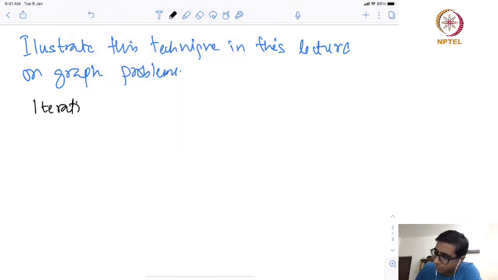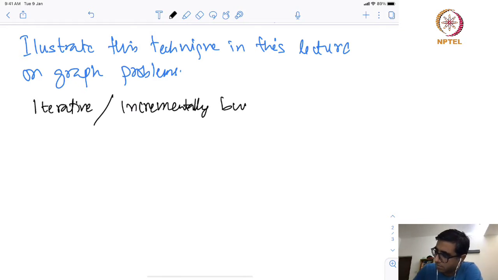The first word we learned was iterative, or incrementally building the instances.